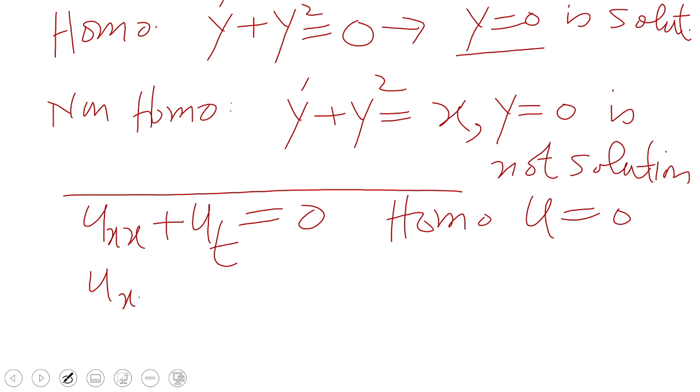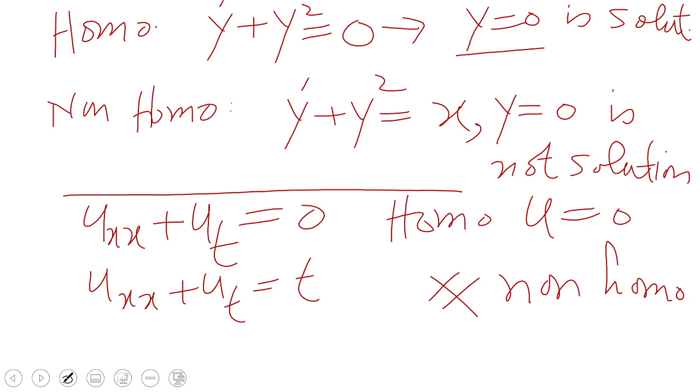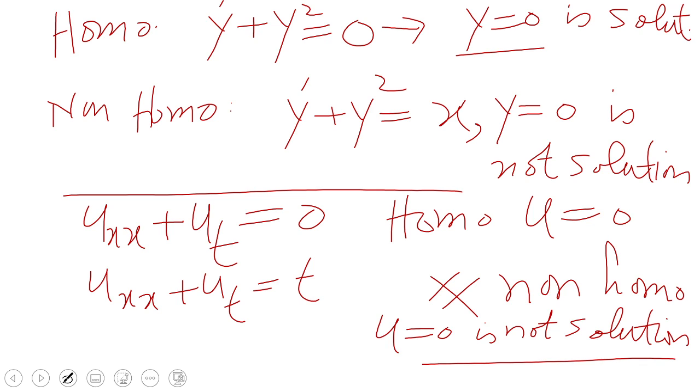And if I take some function or constant, let's say it is t, it becomes non-homogeneous, because u equal to 0 is not a solution. That is the homogeneity and non-homogeneity of the ODEs and PDEs.